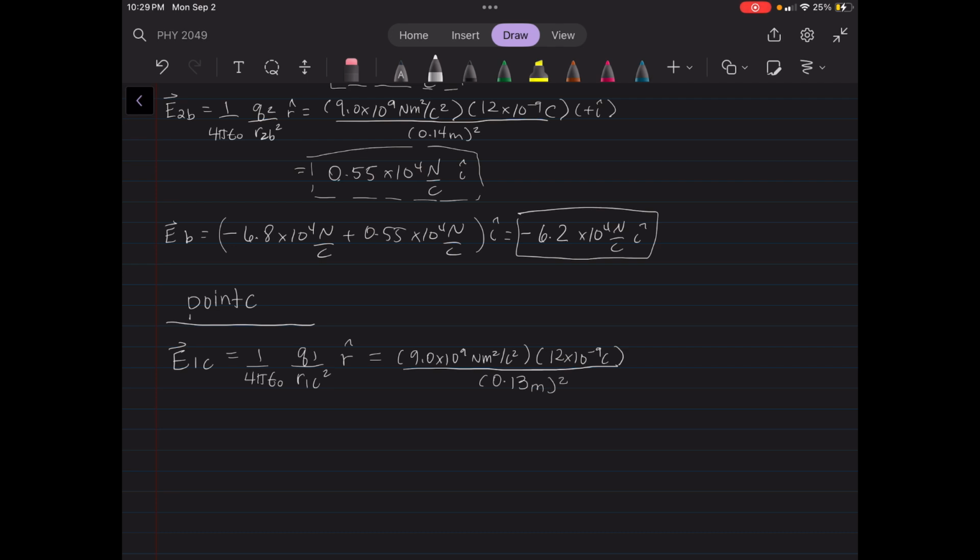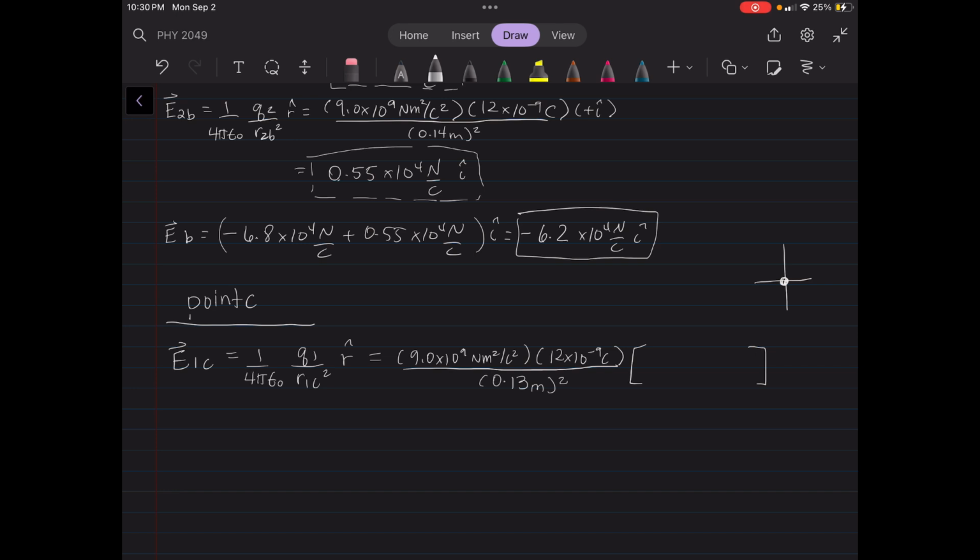And r hat, so what is r hat going to be? Let's substitute our equation for r hat. It's going to be the x coordinate of the point that you want to know the E field, because we're assuming that our point here is at the origin, which it is.